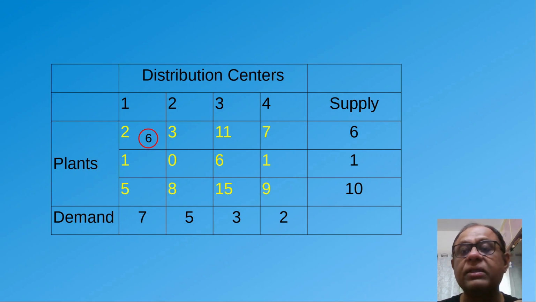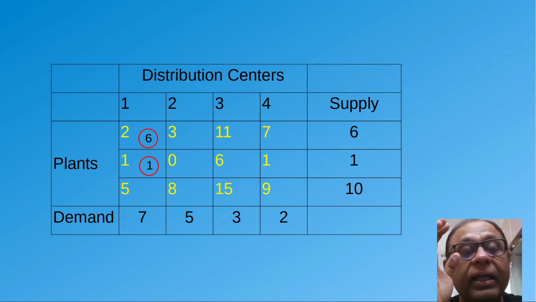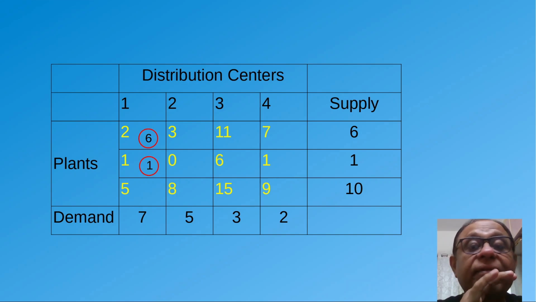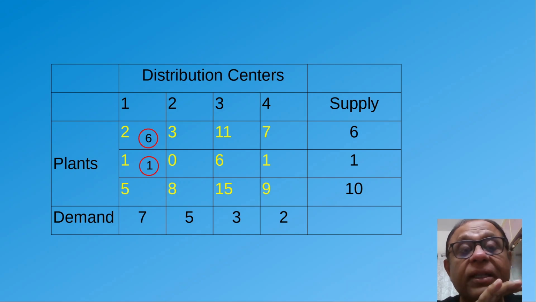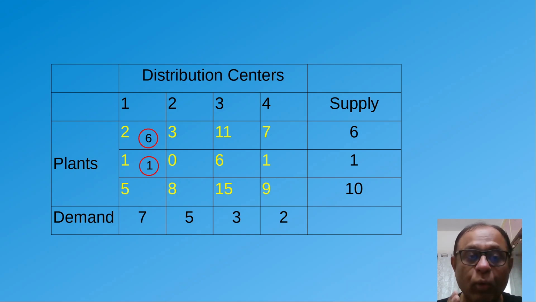Next, what you do is you go down the column. Because why? The allocation is not complete. We have supplied only 6 units, but the demand is 7 units. So the demand is unmet. So we supply 1 more to complete the demand. And we keep going down till the demand is totally completed and we take it from the supplies.